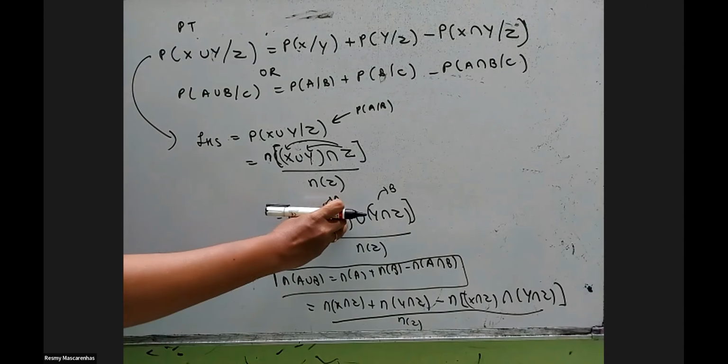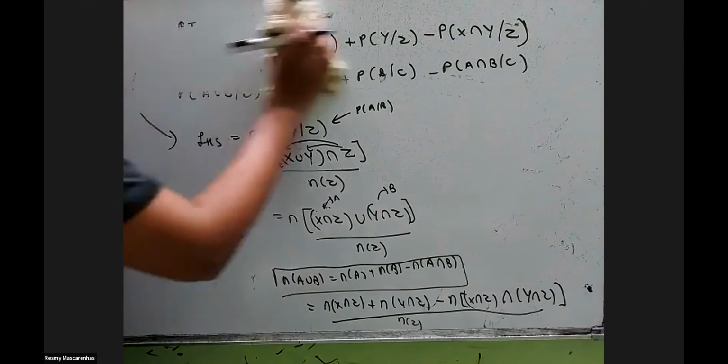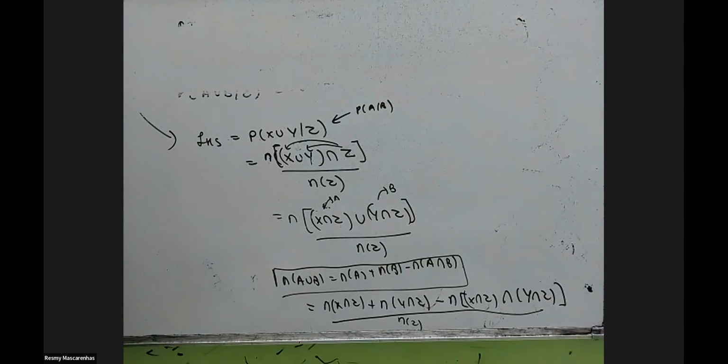This whole thing I'm assuming to be A. Now distribute the denominator P of Z to all the three terms. I'm just distributing it to everyone.